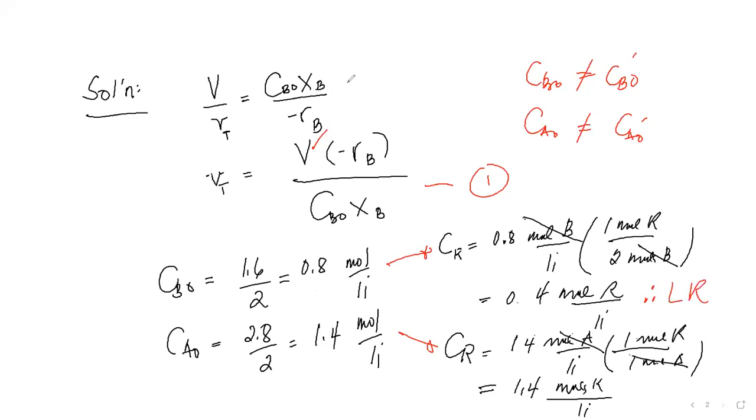So it's B that you will use here because it's your limiting component. But before that, of course, you didn't know that it is B. So now I have placed in here that what you will use is CBO XB, not CAO XA, because the conversion of 75% that you will be using is for the B component.